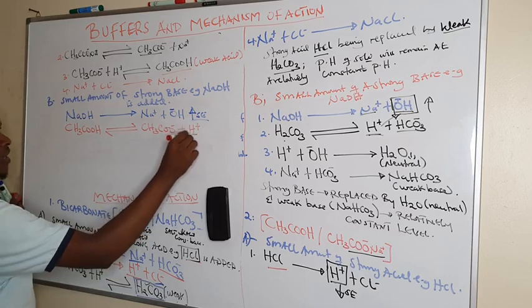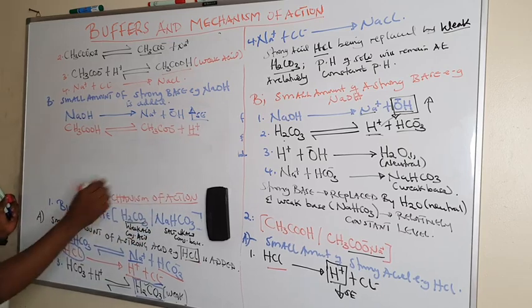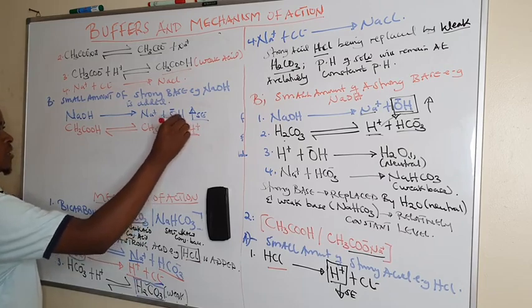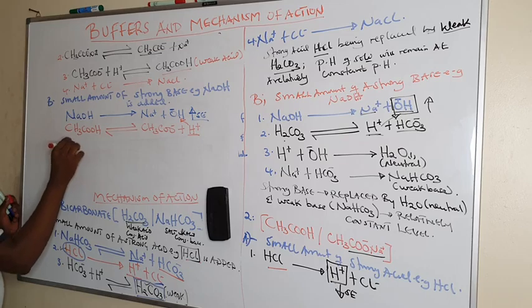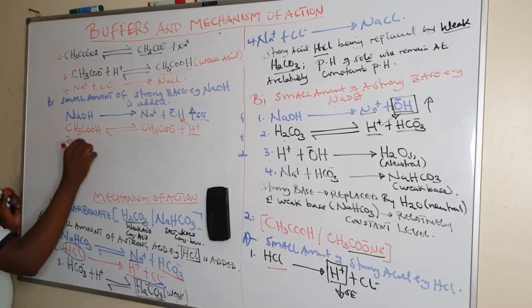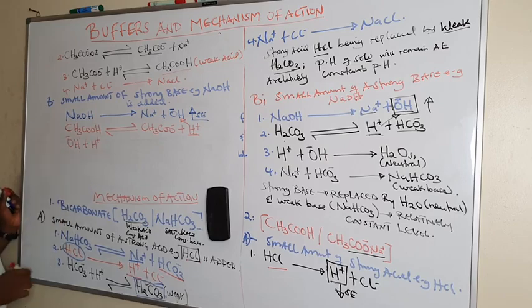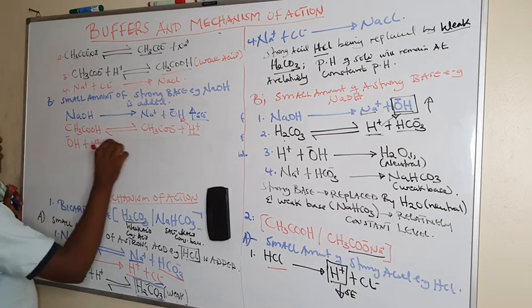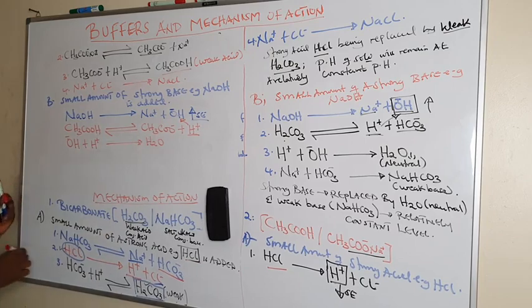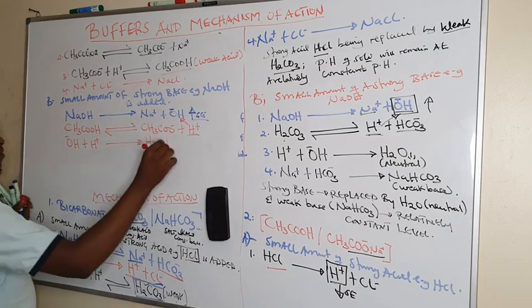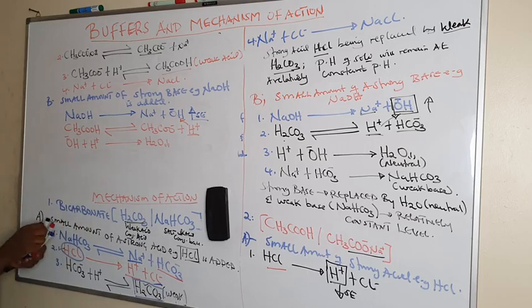And these hydrogen ions released here come and combine with these hydroxyl ions to form water. So we are going to see the hydroxyl ions, which would have increased the pH, are buffered by the hydrogen ions from the weak acid, and we form water. We form water, and this water formed is neutral.